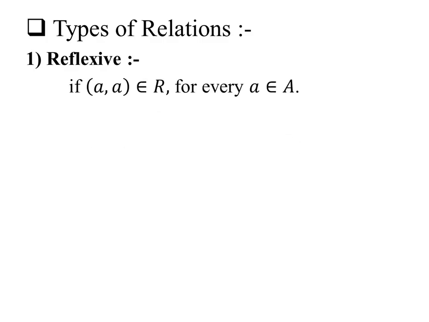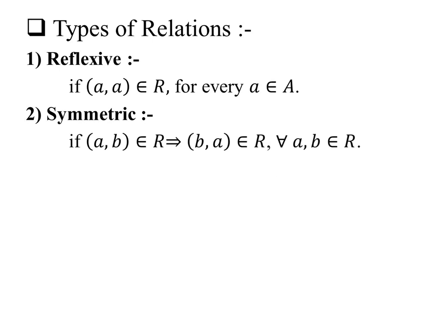First, reflexive. A relation R on set A is a reflexive relation if (a, a) belongs to R for every a belongs to A. Next, symmetric relation. A relation R in a set A is symmetric if (a, b) belongs to R implies (b, a) belongs to R for every (a, b) belongs to R. Third, transitive relation.